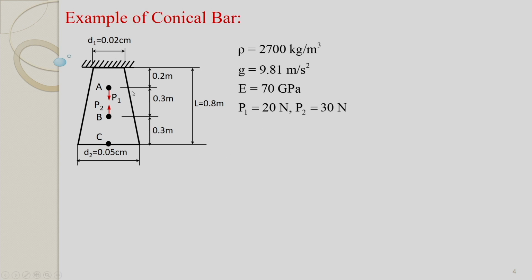Now the area of the bar is not constant, so we have to first find this variation from the given information.